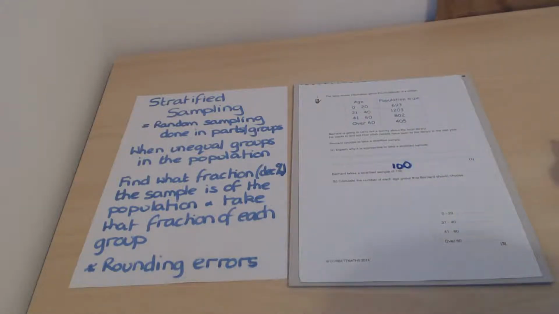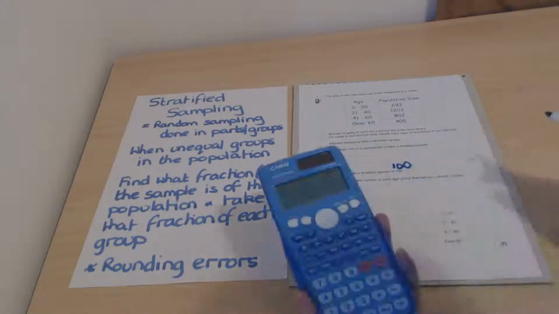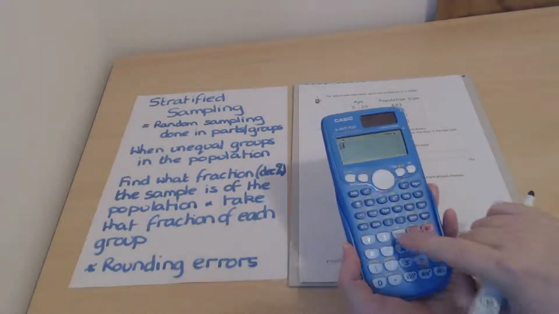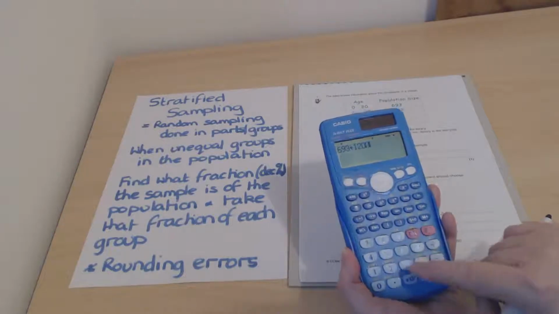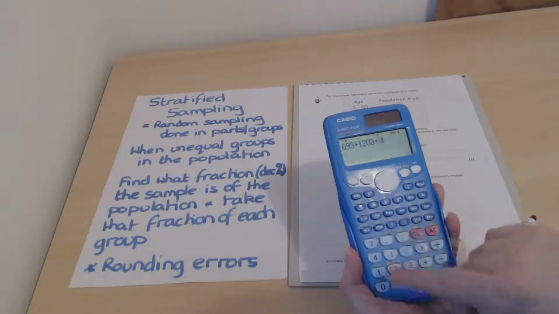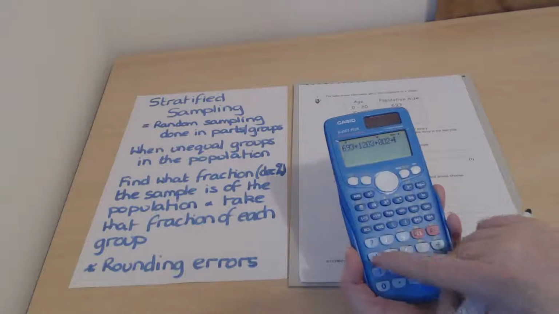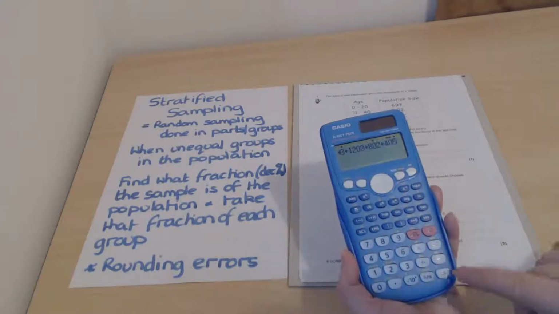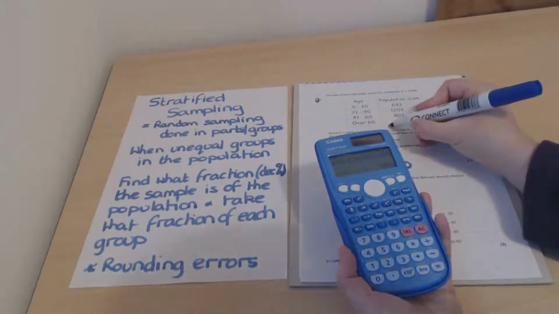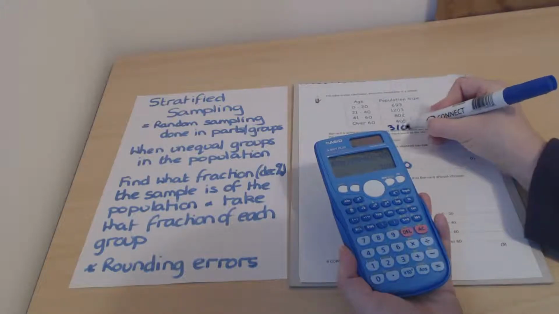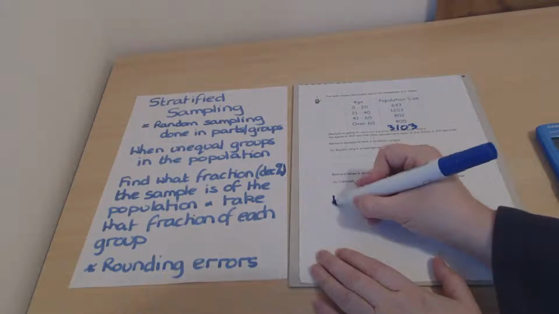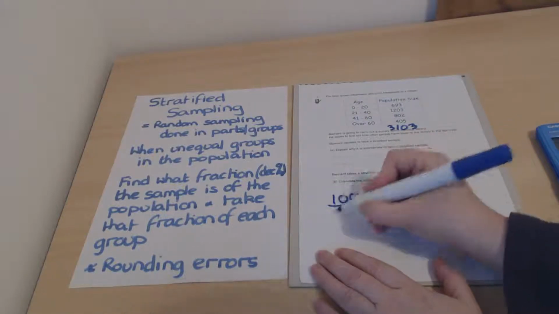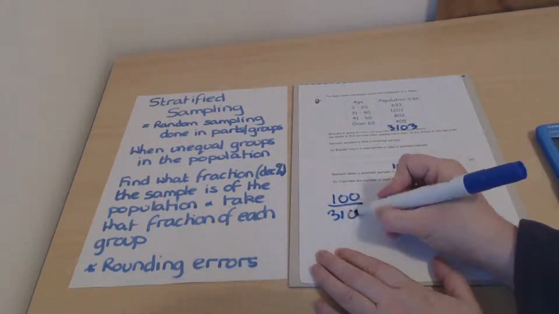So in this case, I now need to work out how many people there were altogether. So 693 plus 1203 plus 802 plus 405 gives me a total of 3,103. So we want the fraction 100 over 3,103.